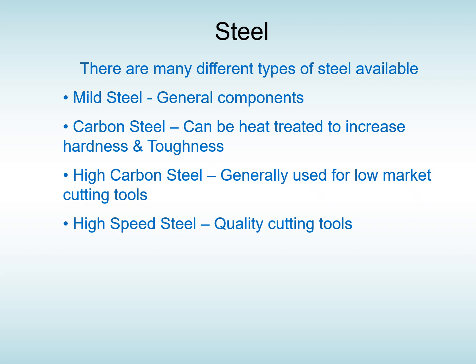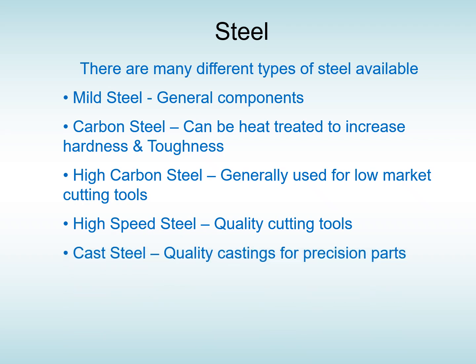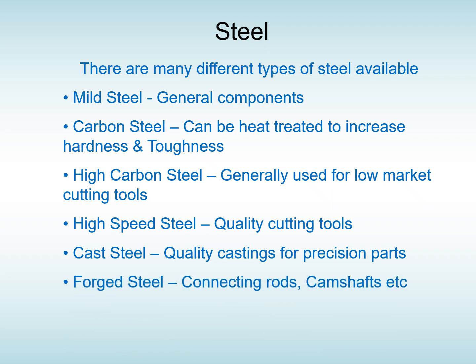High speed steel, for quality cutting tools. Cast steel is generally for quality castings and precision parts. Forged steel, the likes of connecting rods, camshafts, etc. It can all be readily machined, welded or brazed.